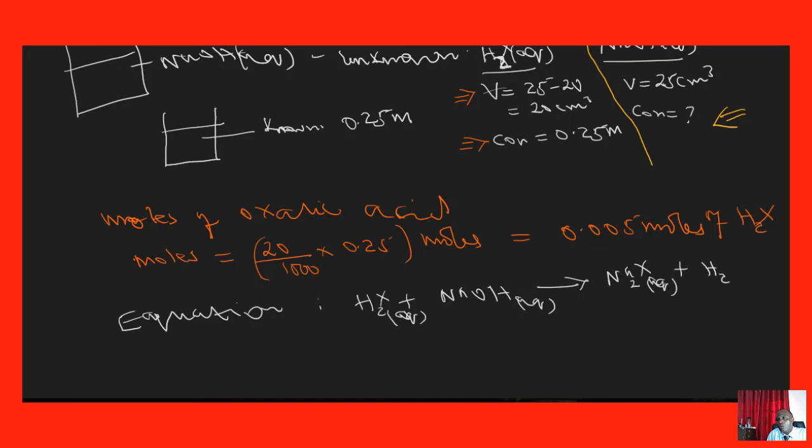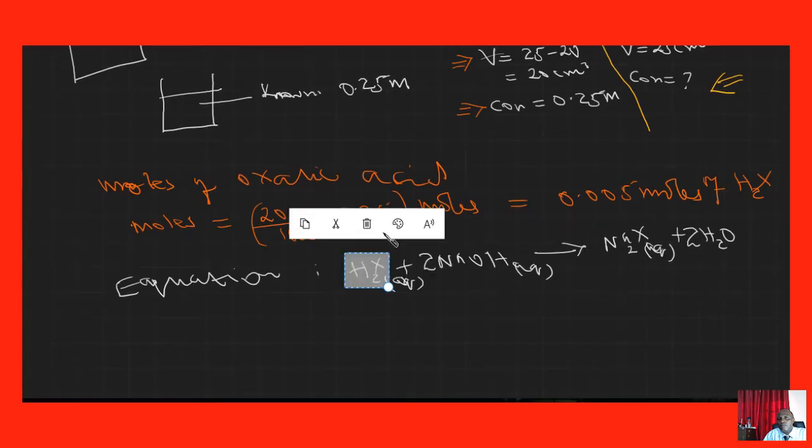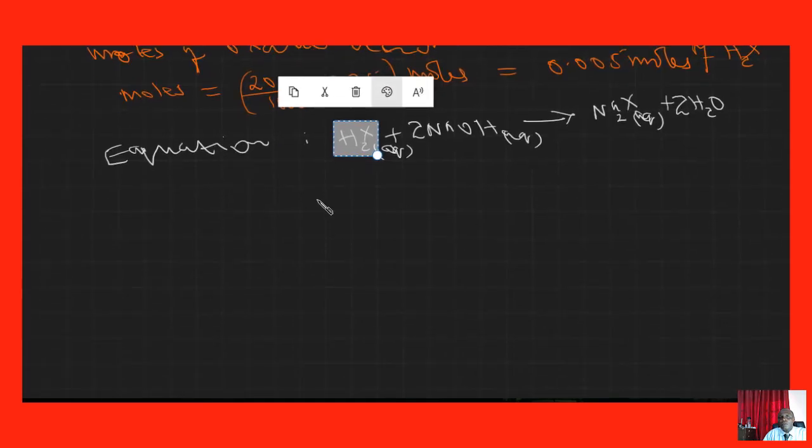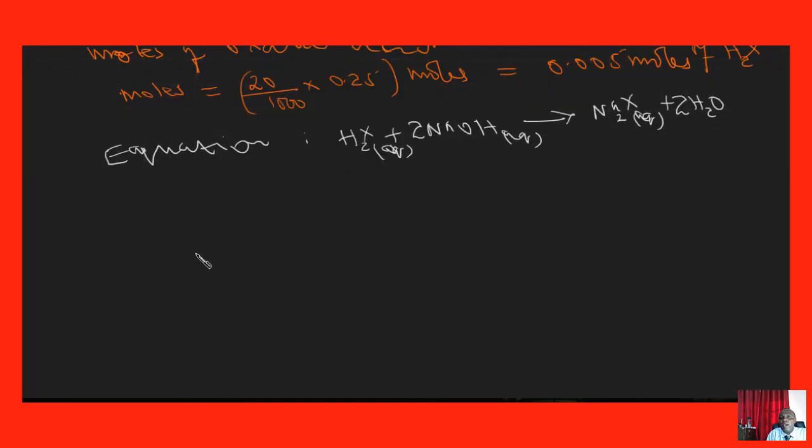Let us balance this chemical equation. Sodium hydroxide is needed 2, so we multiply sodium hydroxide by 2. Then the number of hydrogens on the left: there are 2 hydrogens in H2X and 2 hydrogens in sodium hydroxide. Those are 4, so we multiply water on the right-hand side by 2. The mole ratio now from our chemical equation is 1:2:1:2.